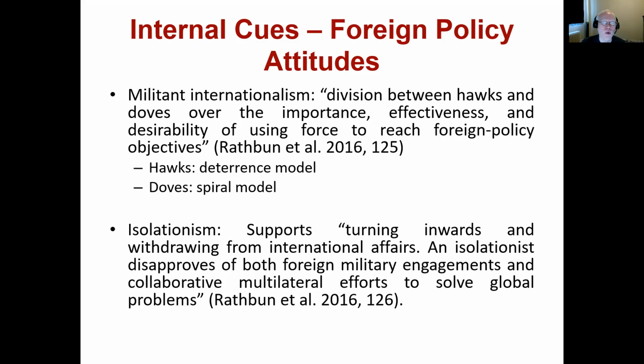Now these are kind of correlations. There are strange patterns. So there's someone who could be quite isolationist, but has some limited support, say, of militant internationalism. Or there could be someone who scores quite high on militant internationalism, but also thinks the use of military force is important, but who's also open to cooperation with others, either to form alliances for military or to cooperate on non-military issues.